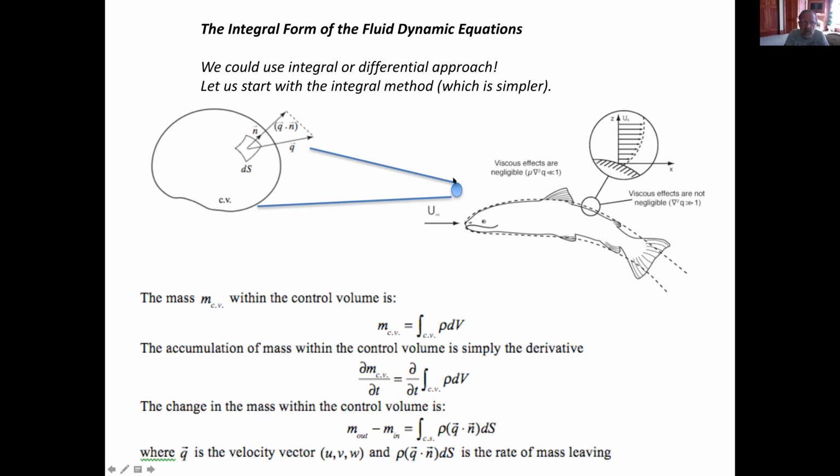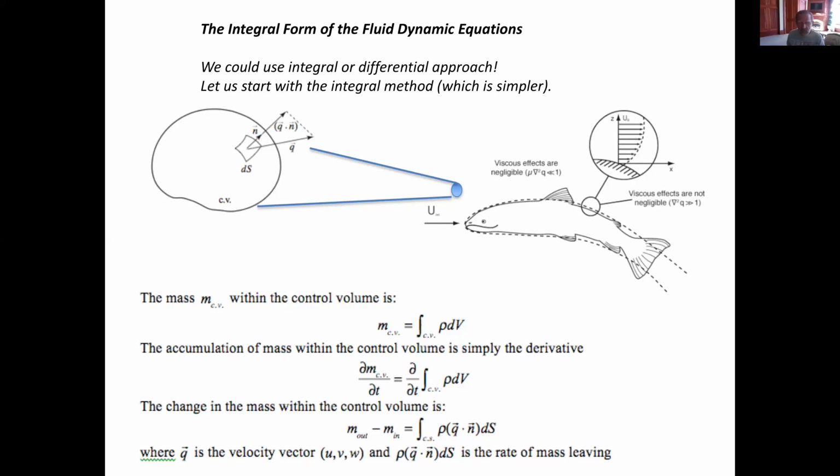We pick an arbitrary point and put a control volume around it, fixed relative to the fish. It probably has this shape, doesn't have to be rectangular, it's a fixed shape. It has a surface element, and a normal pointing outside of the surface element. Remember that Q is the velocity vector, which is u, v, w. So I'm going to do everything in vector form. Don't get scared, eventually we're going to explain that.